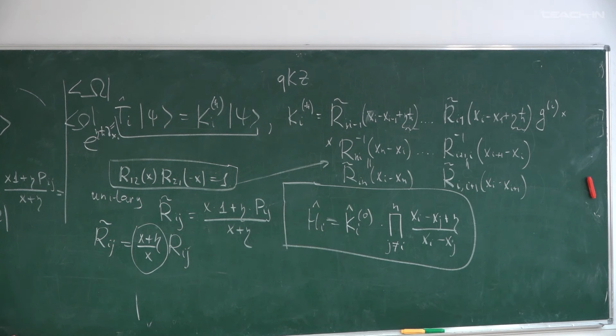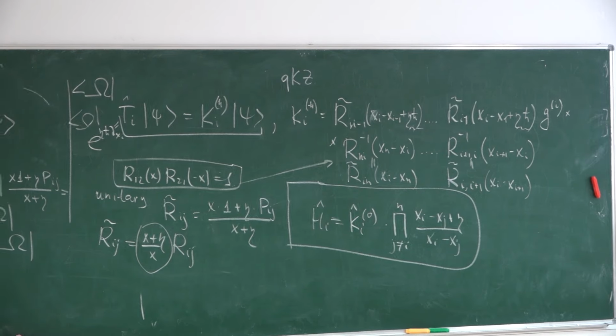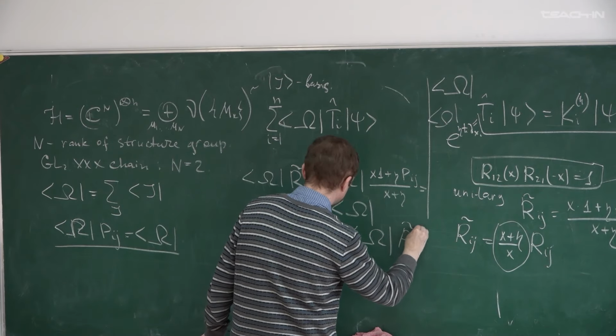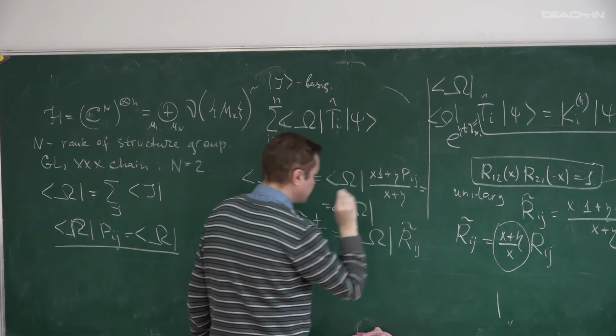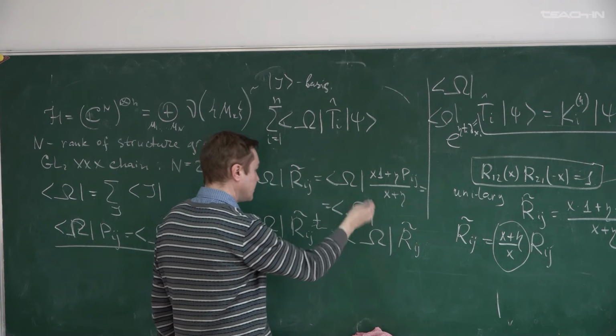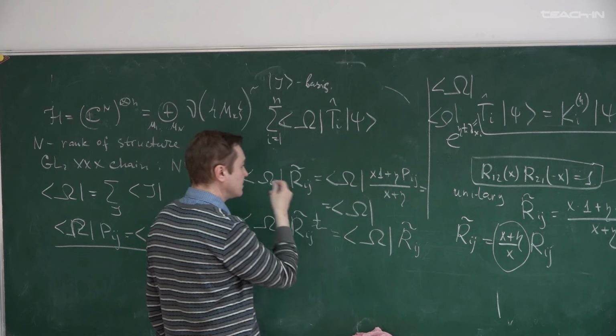But we treat this relation in a different way. We write that you may substitute not shifted R matrix instead of shifted. So we just don't write identity here, but we write the same R matrix, which is not shifted.